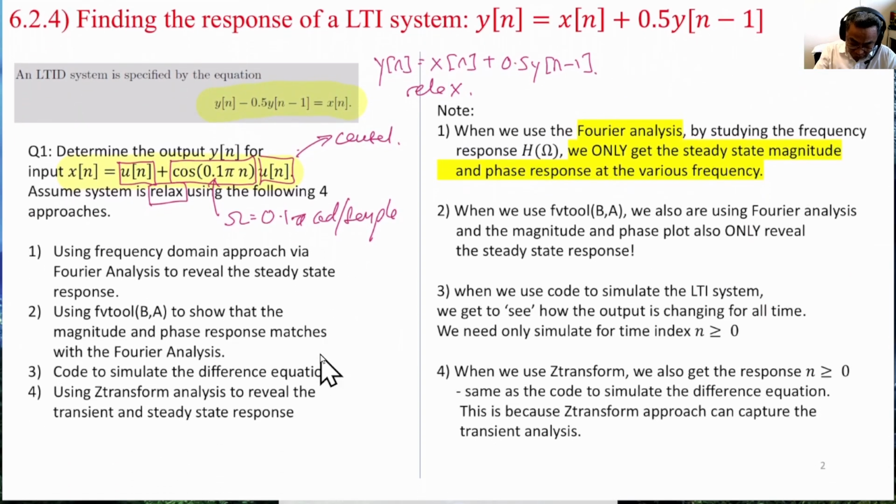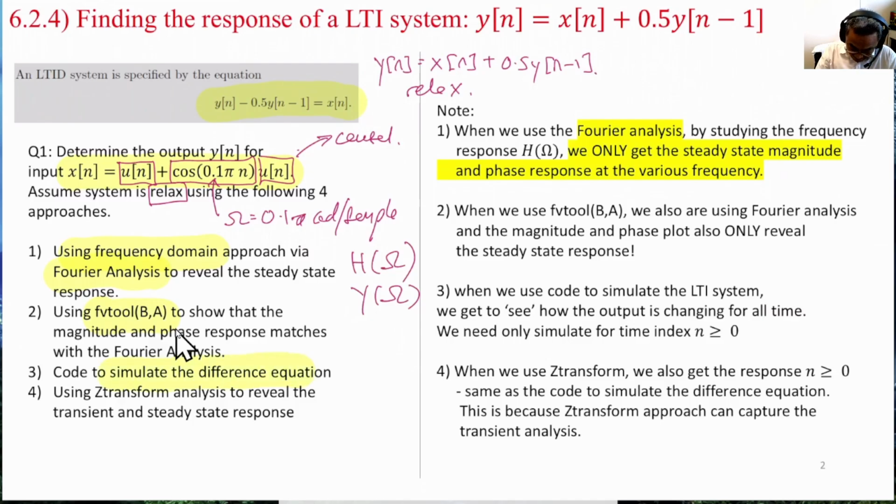Now we're going to use all these 4 approaches. First, using frequency domain through Fourier analysis, we're going to calculate H(ω), and using H(ω) we're going to find Y(ω), and then we can find y[n]. The other thing is we are going to use the MATLAB FFT, which we have also done in the Z-transform.